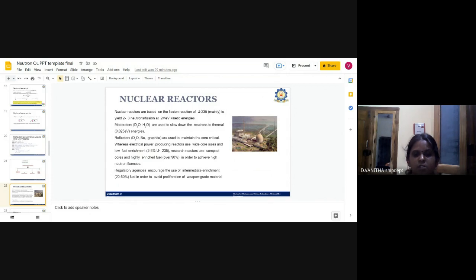Research reactors use compact cores and highly enriched fuel in order to achieve high neutron fluences, though regulatory agencies encourage the use of intermediate enrichment fuel in order to avoid proliferation of weapon grade material.